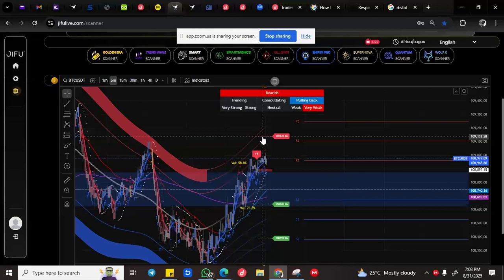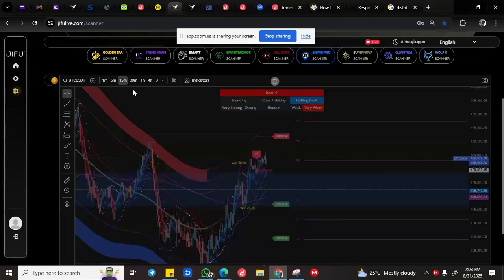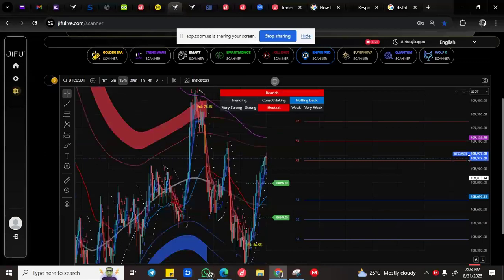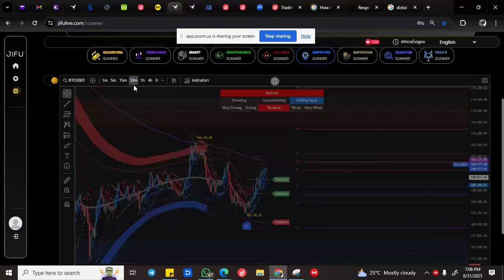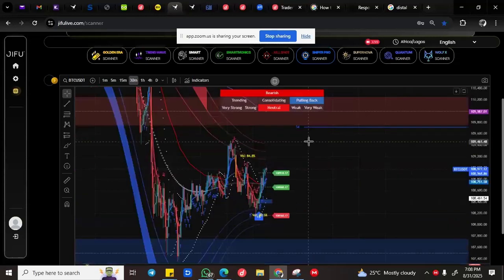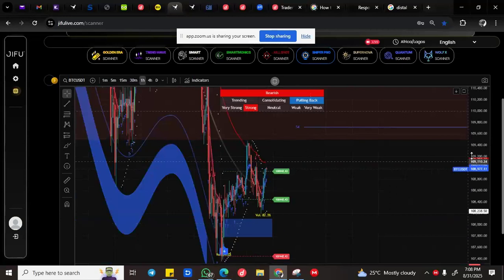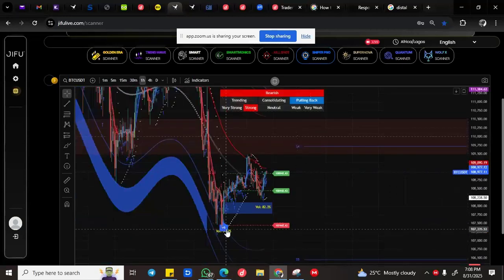Now check what the 15 minutes is saying, giving a buy. The 30 minutes supporting a buy +5, then the 1 hour supporting a buy +6. If you were to take this trade, would you do a sell or a buy?